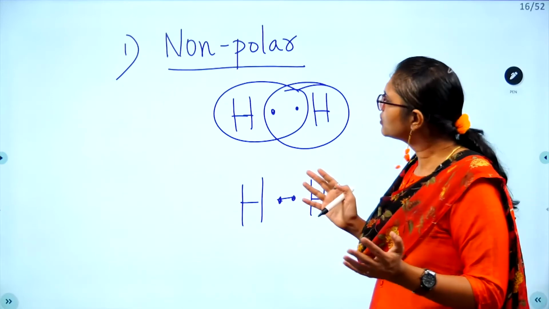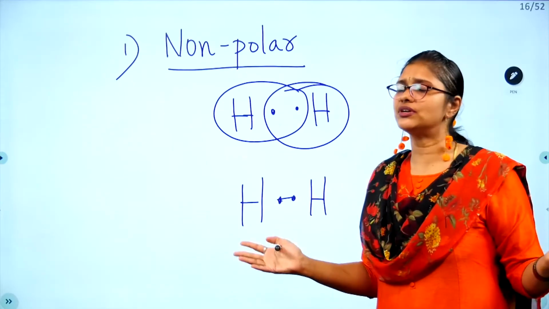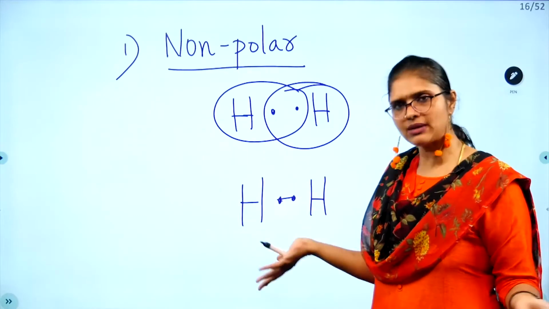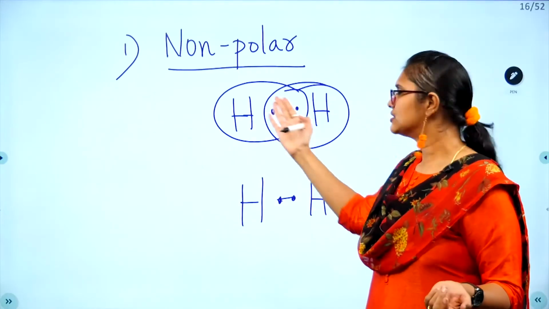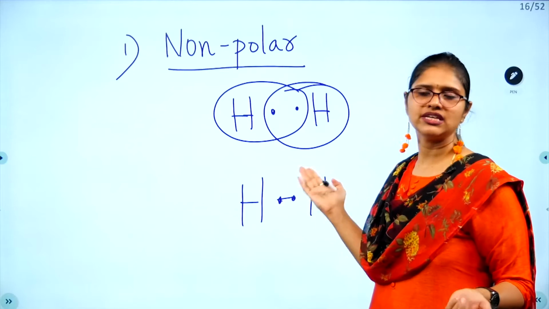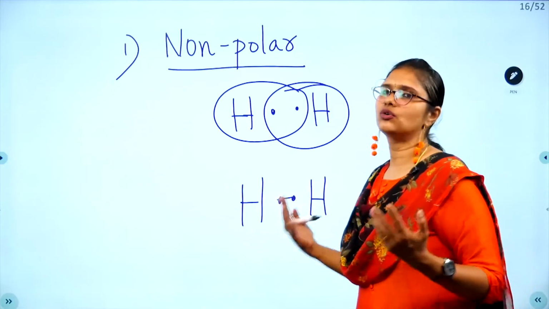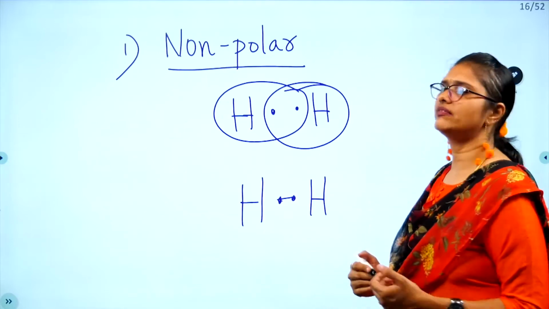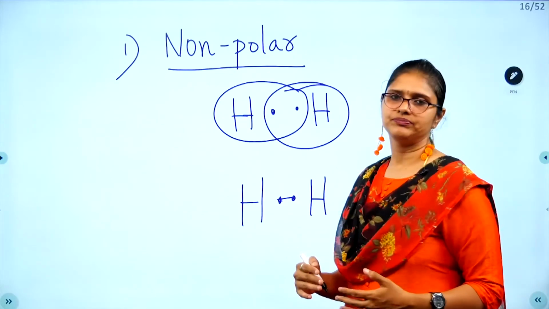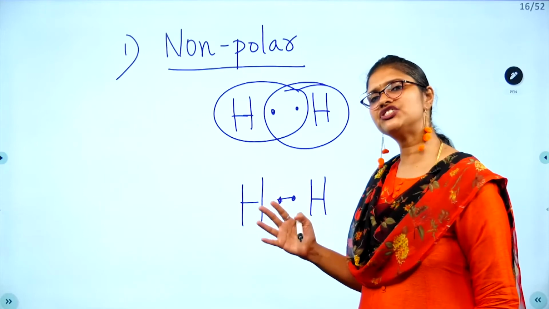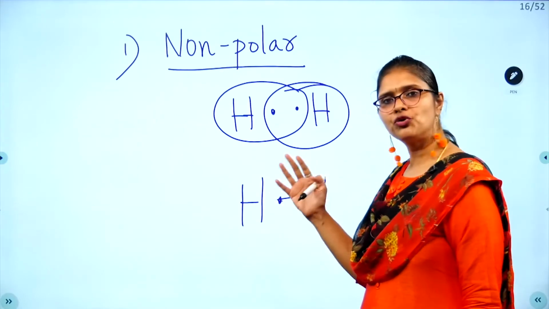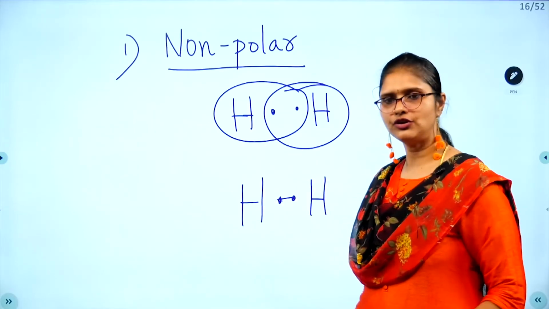And what about the distribution of electrons between the two non-metals? It's going to be the same, because it is the same element. So the distribution is even, and therefore it's called non-polar covalent. Here it reaches a duplet.